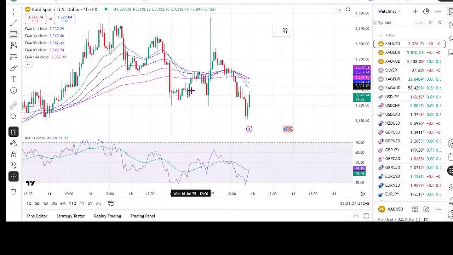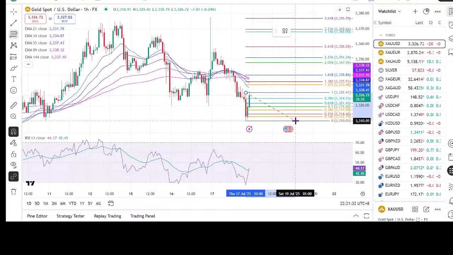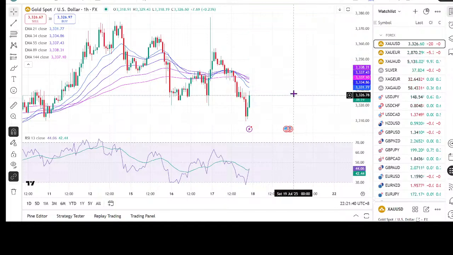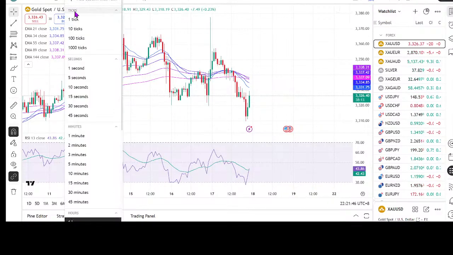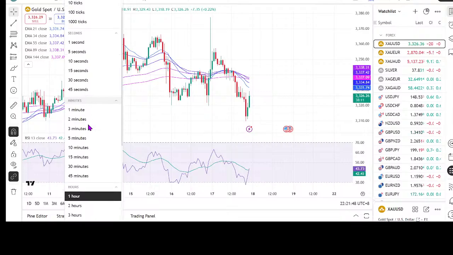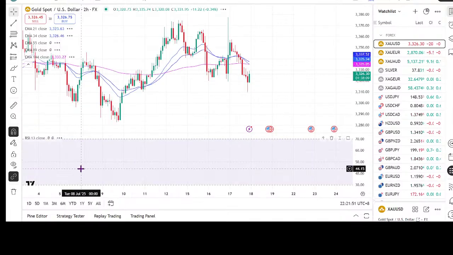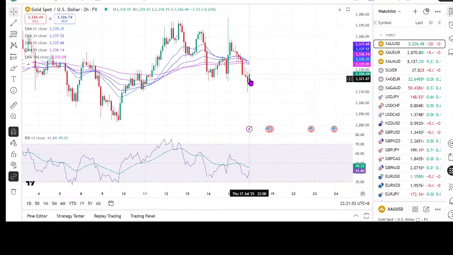that if it breaks this high, then the price can go on an extension towards 35. Okay, 35. That should be your final call. So let's say we are looking at 2 hours. 2 hours is 22.